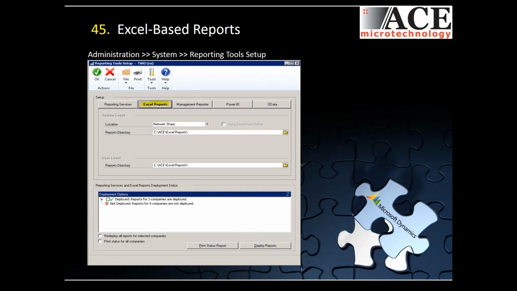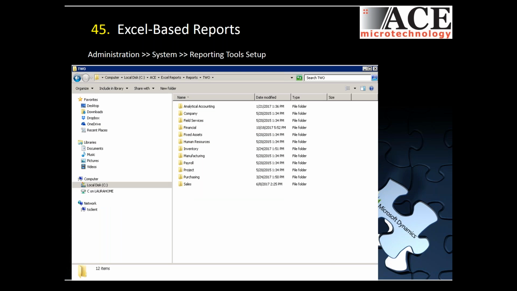There are tons of reports available to you that you're not getting to take advantage of if you do not deploy these. Excel reports are refreshable, linking directly to the database. So you make a change in GP, you refresh the Excel report, and the change is reflected immediately. Same thing with SSRS reports. They're connected directly and they're refreshable.